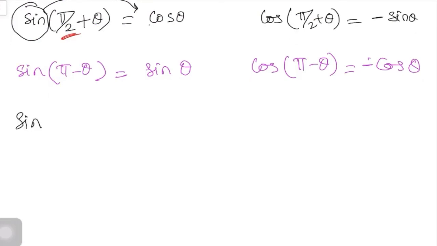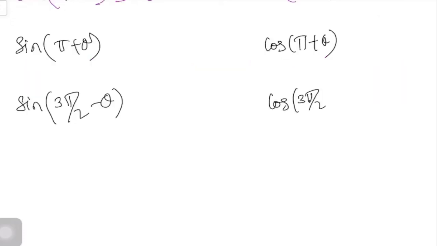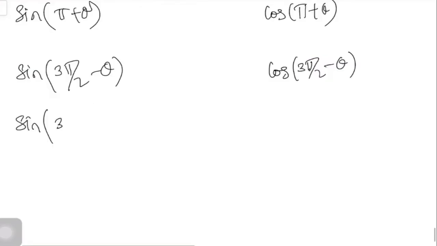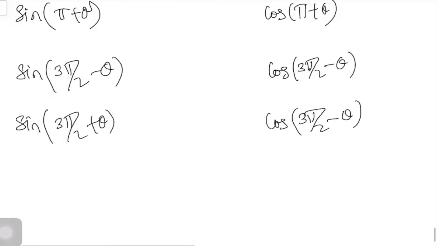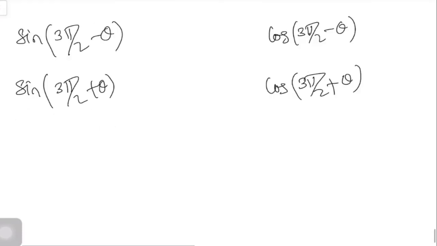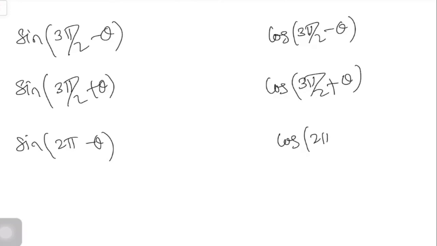So sine of pi plus theta, cos of pi plus theta, then sine of 3 pi by 2 minus theta, cos of 3 pi by 2 minus theta, sine of 3 pi by 2 plus theta, cos of 3 pi by 2 plus theta, and sine of 2 pi minus theta, cos of 2 pi minus theta, and then sine of 2 pi plus theta.